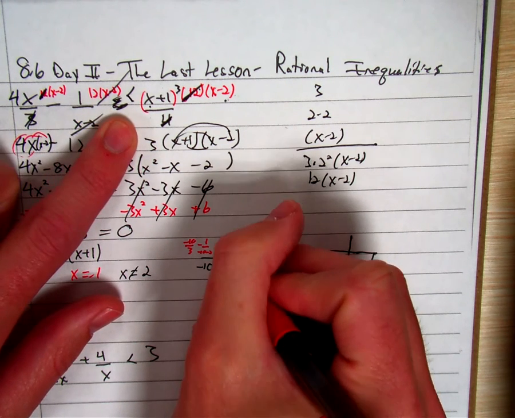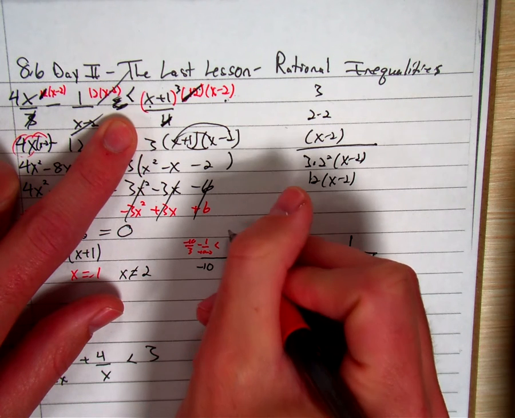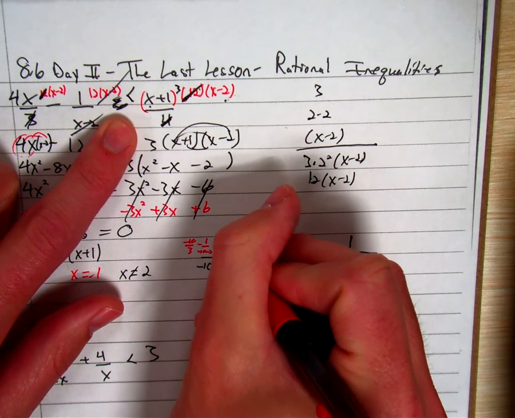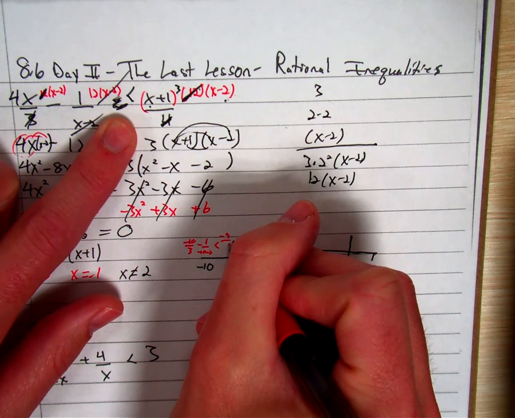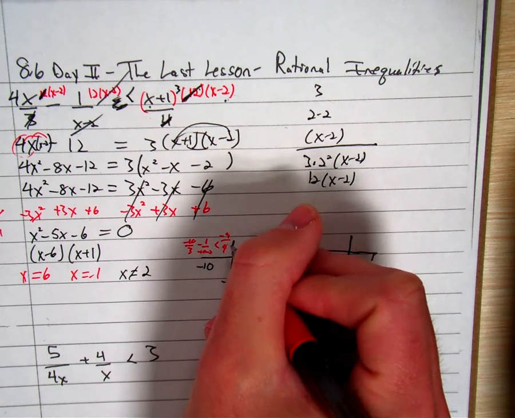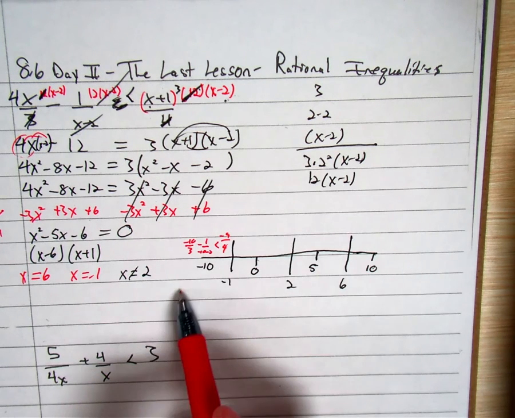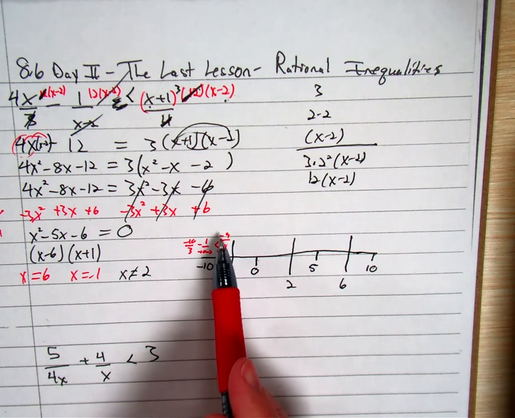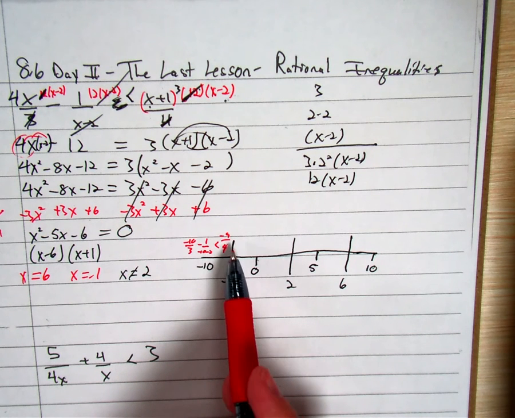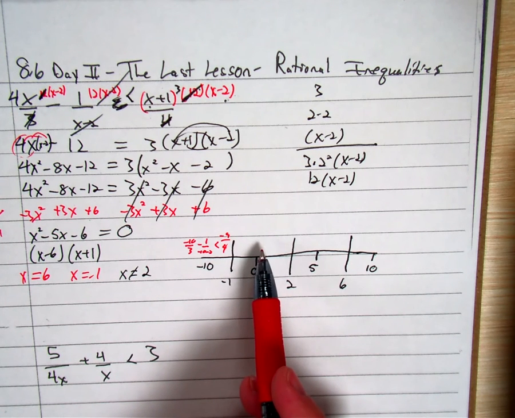Is that less than negative 10 plus 1, so negative 9, over 4? Okay, so you have negative 10 thirds minus a negative, so plus 1/12. Is that less than negative 9/4?